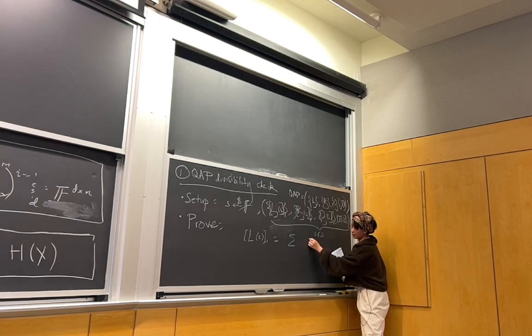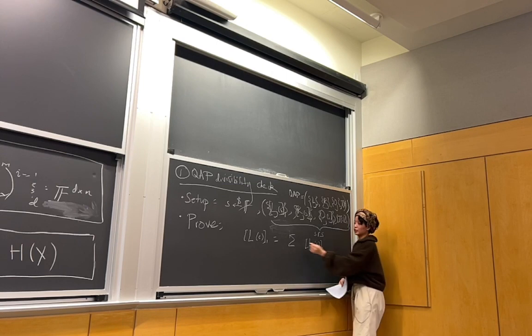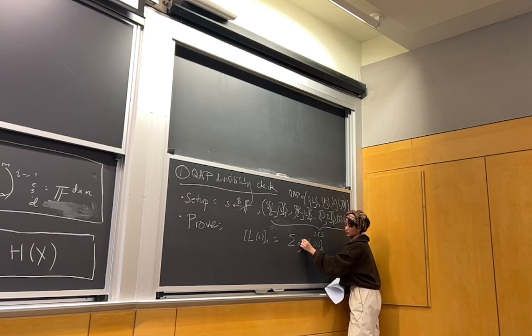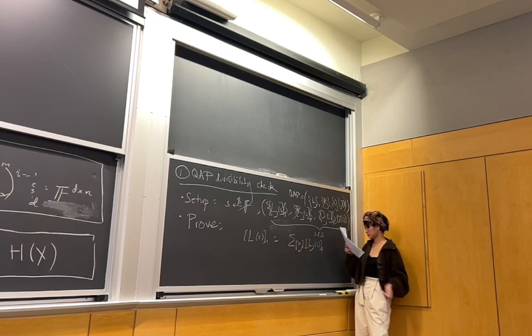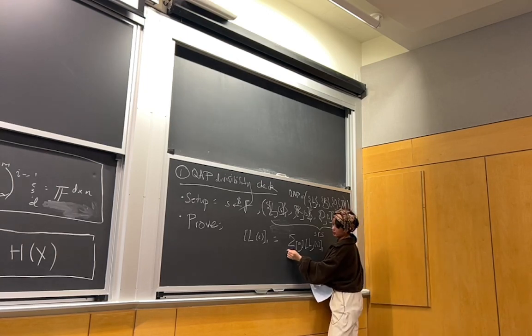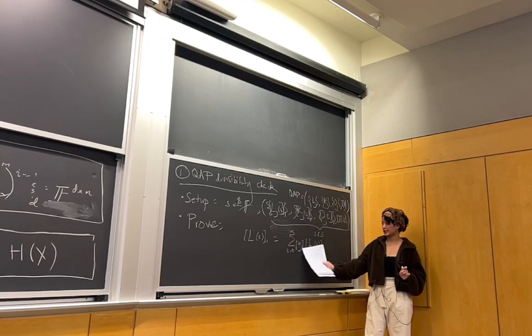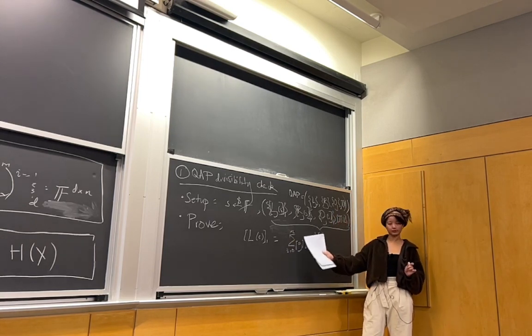So they have the commitments to the L_j(S)s. And of course, they themselves know a_j. And just as a reminder, j indexes the number of wires.